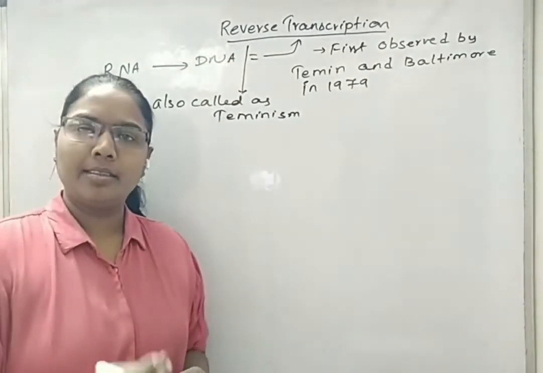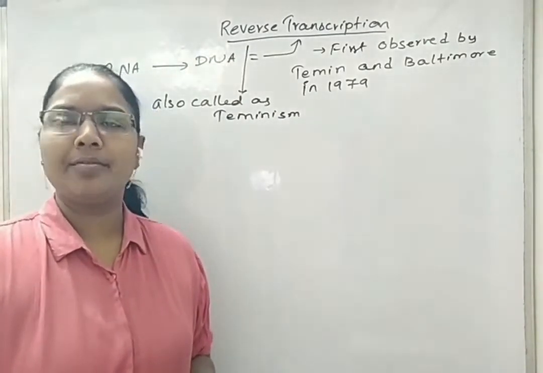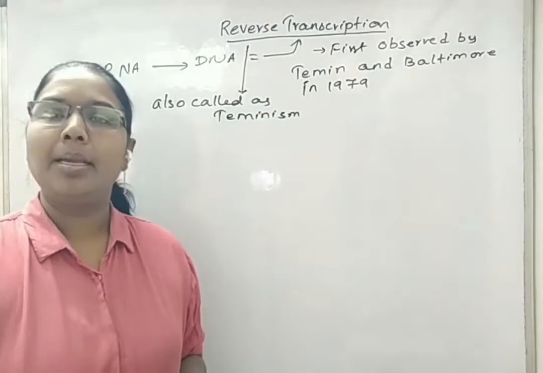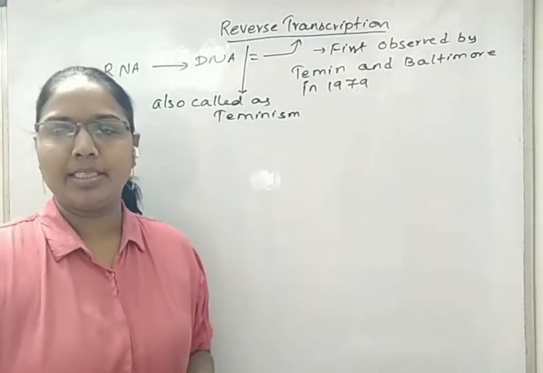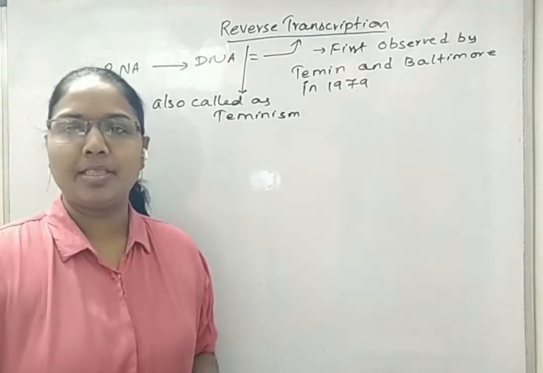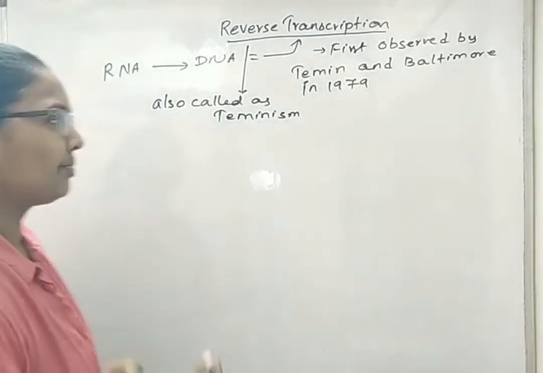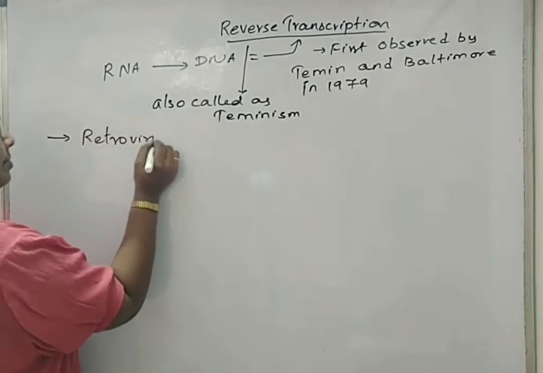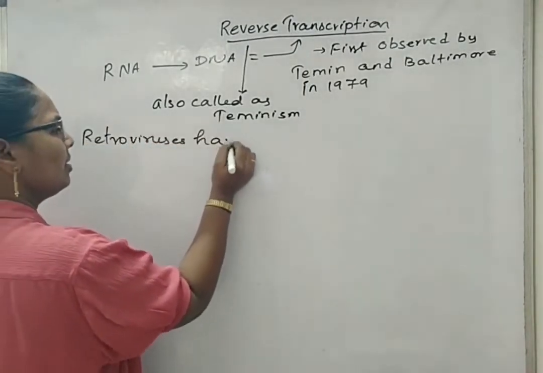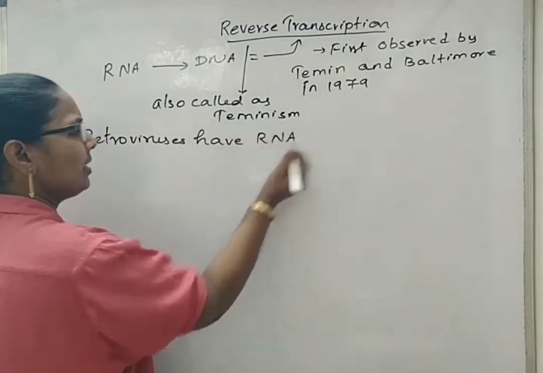Many types of organisms have DNA as genetic material. But there are some types of organisms that have RNA as genetic material. An example for such organisms is retroviruses. Retroviruses have RNA as genetic material.